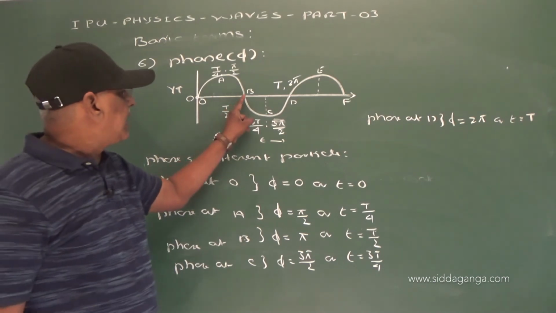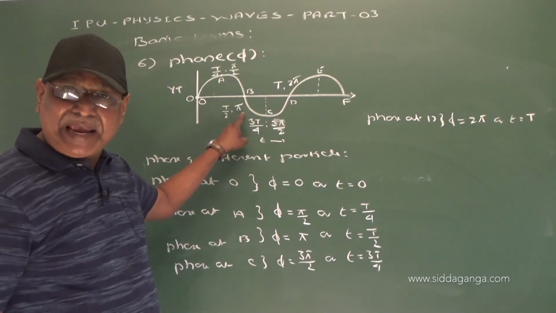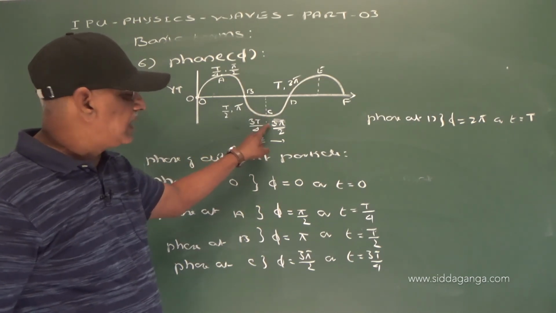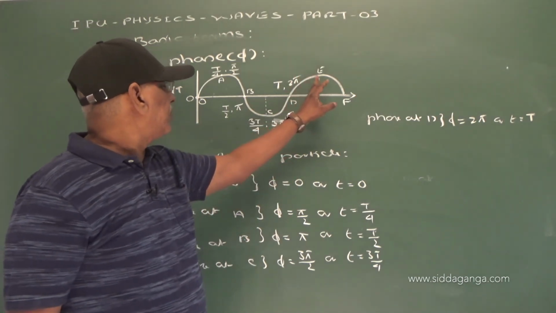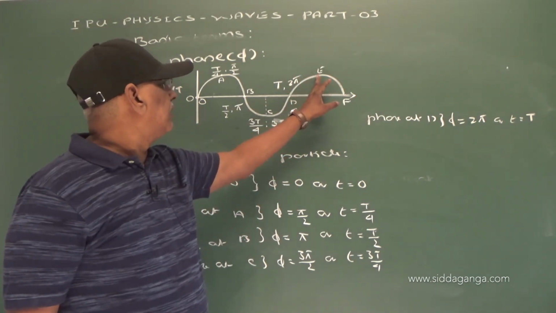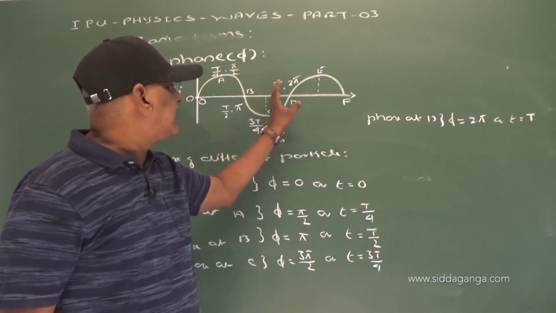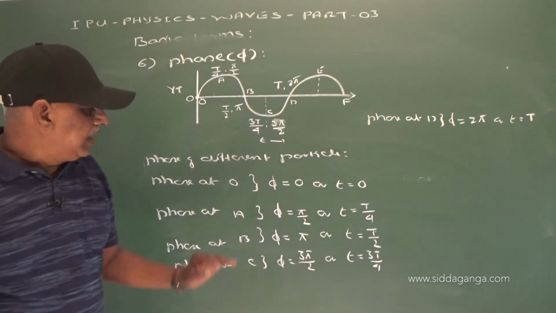The phase of the particle at B is T by 2 or pi. Phase at C is 3T by 4 or 3 pi by 2. Phase at D is T and it is 2 pi.